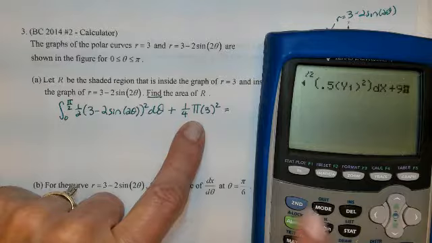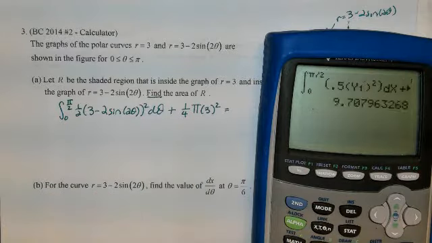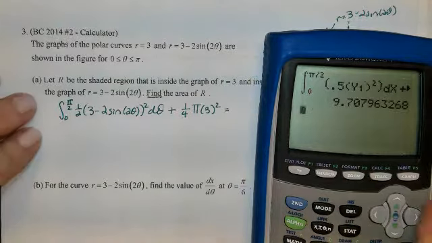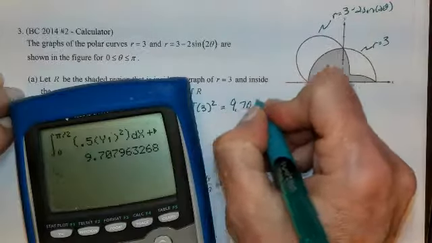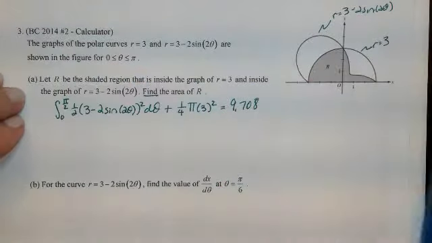So 9 pi over 4. That gives 9.708 or 9.707. I like to round those.